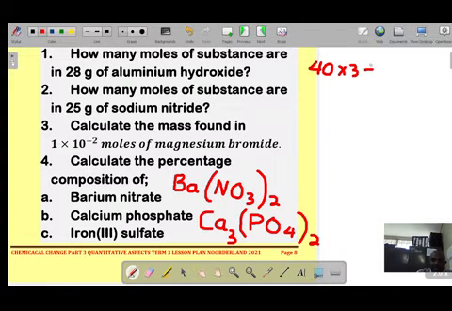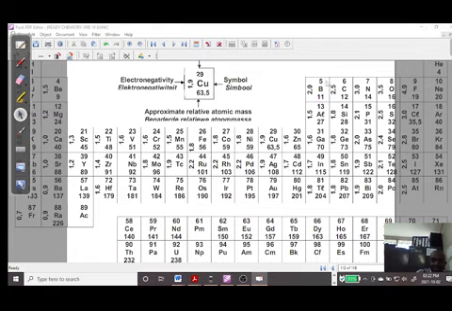Then plus. What about phosphorus? Let's check the molar mass of phosphorus. Phosphorus is P. Where is it here?